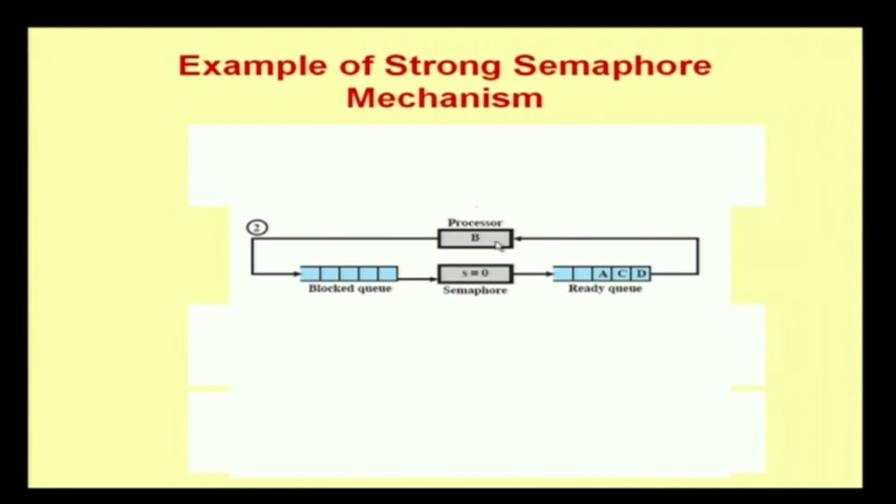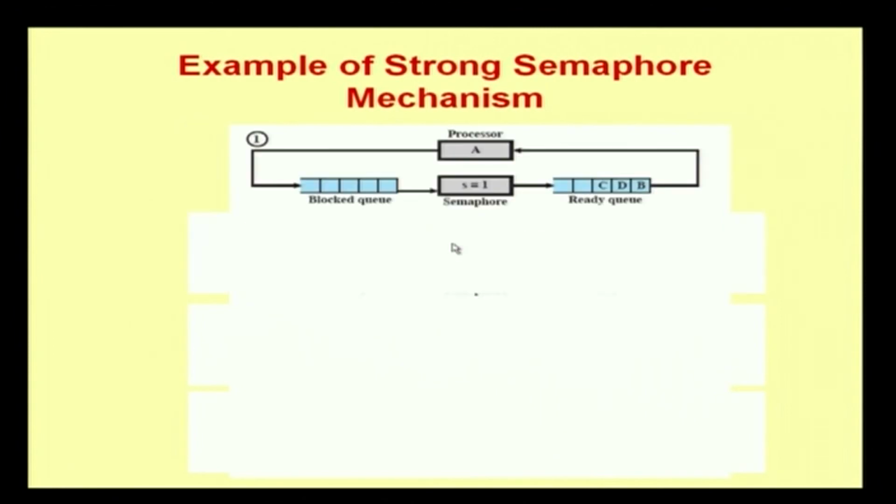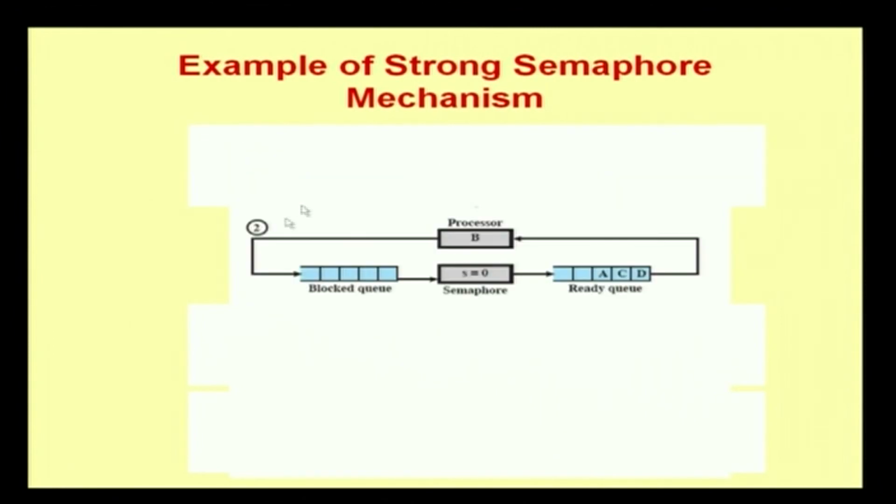But A has consumed the output prepared by the process D. So when A has consumed the output, S becomes 0. In the earlier case, S was 1. In step 2, S becomes 0. So B is waiting for the output that is to be produced by D.